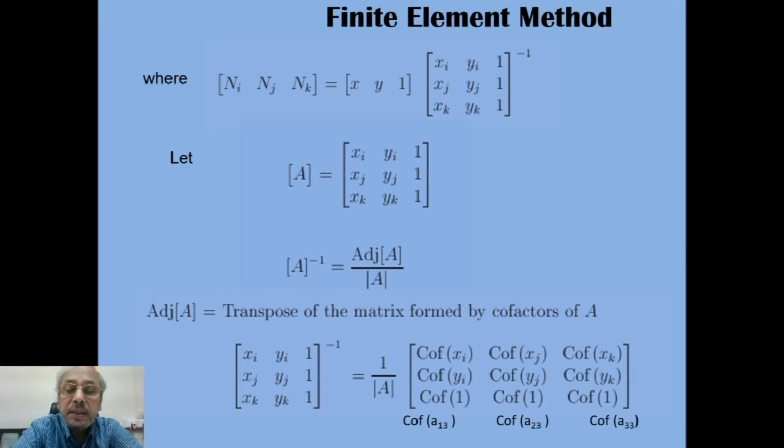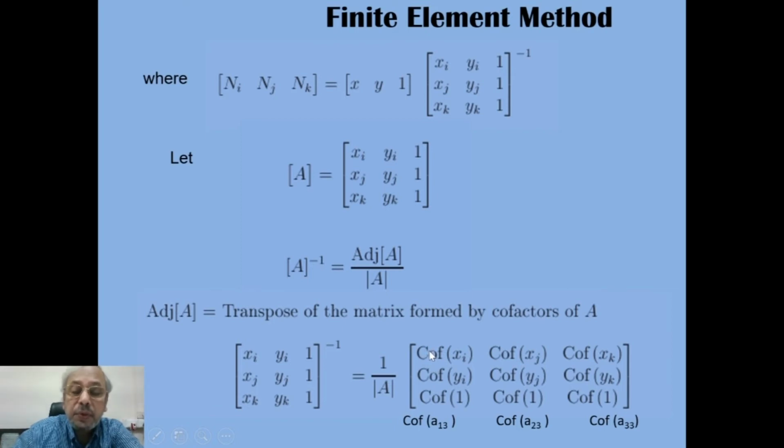And inverse is, as usual, given by adjoint of the matrix divided by determinant of the matrix. And adjoint of matrix A can be written as the transpose of the matrix formed by the cofactors of the elements of A. So here, if we want to find the inverse, we have to divide the adjoint by the determinant of A.